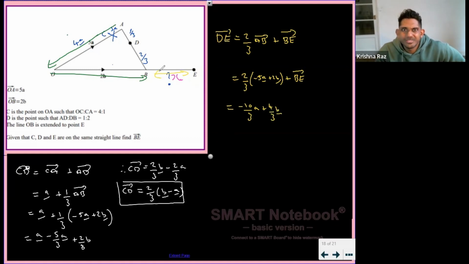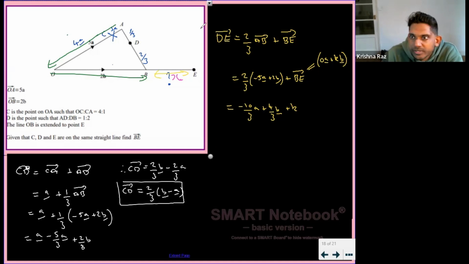Yeah, so we know, if BE is a horizontal line, it will not have an A component. So this must be equal to 0A plus, and let's call it KB.